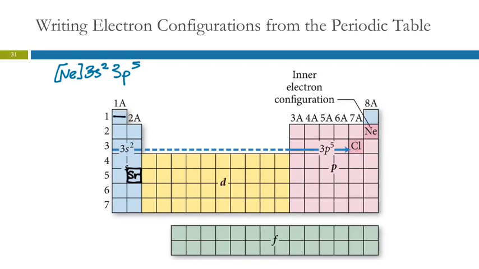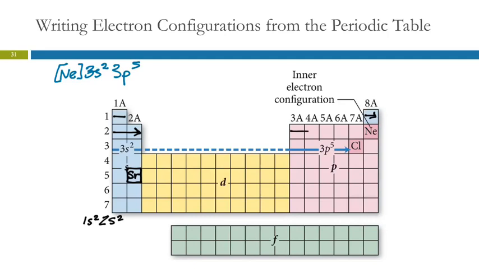This is 1s, and there's 2. So we can imagine building this element by adding electrons. So 1s2, and then we've got this section, 2s2.